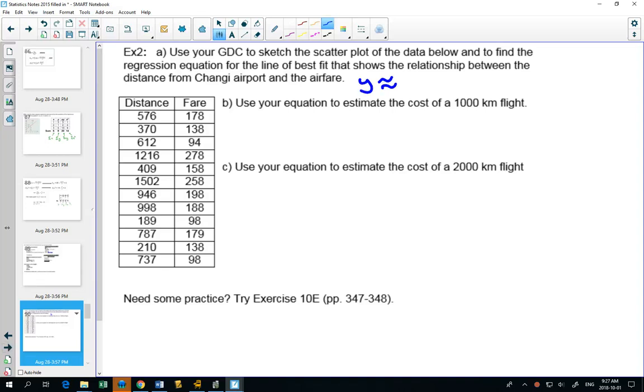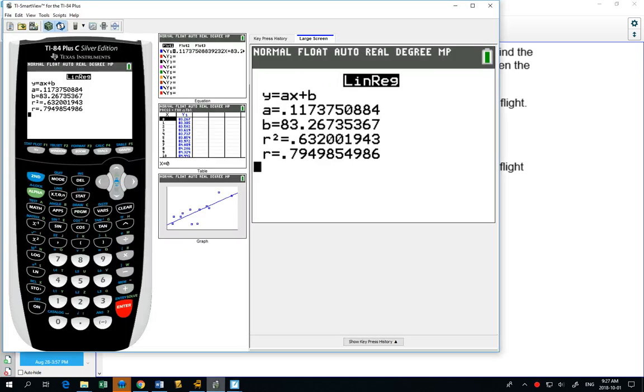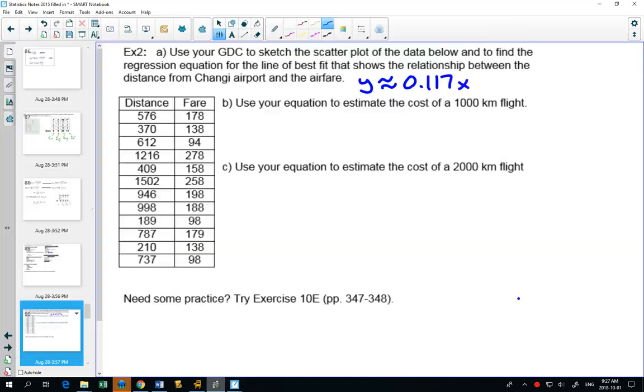We have to use the approximation signs because we're going to estimate this. 0.117 is to 3 sig figs, and plus 83.3, also to 3 sig figs.